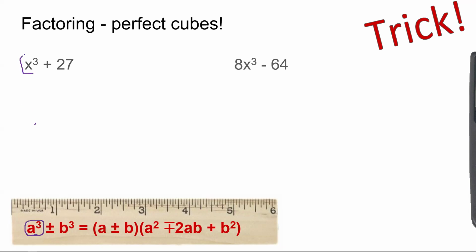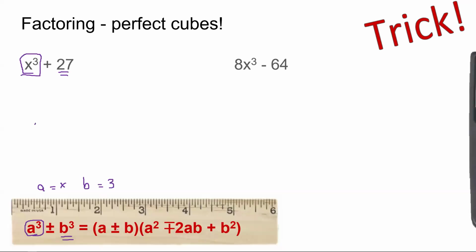And sure enough, I've got something cubed. It's x. So a is equal to x. Then on the last term, I need something cubed. And sure enough, 27 is 3 times 3 times 3, or 3 cubed. So that b is 3.